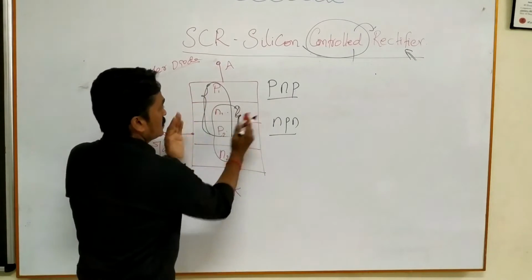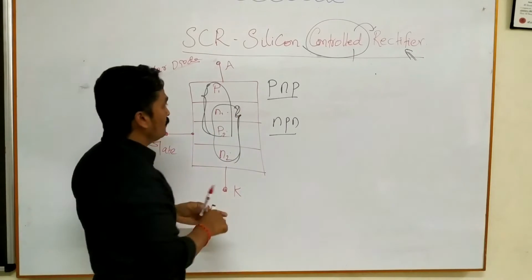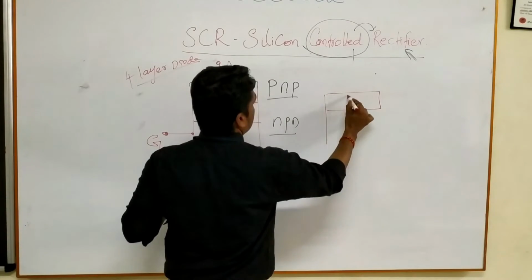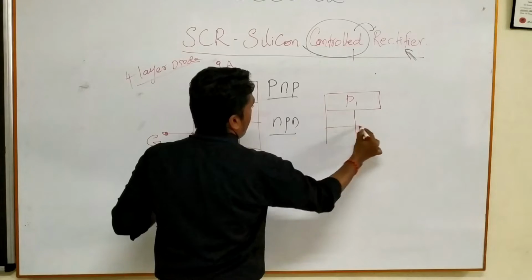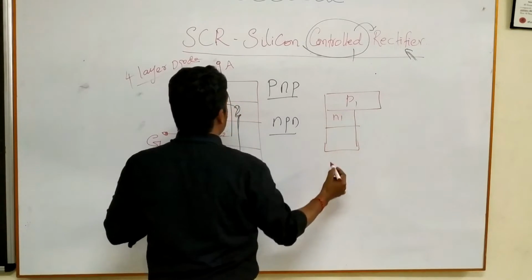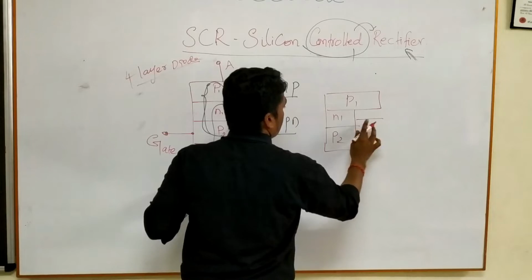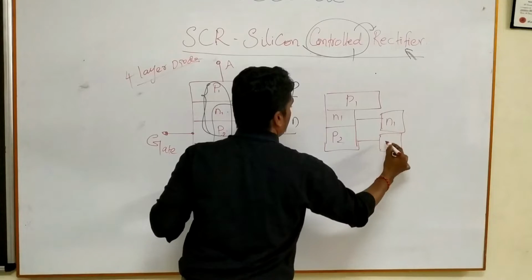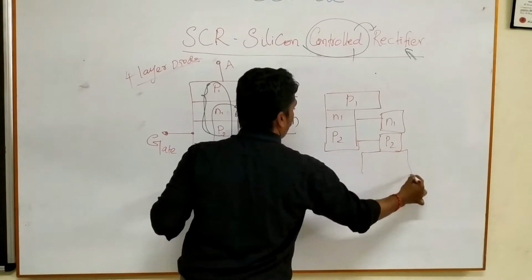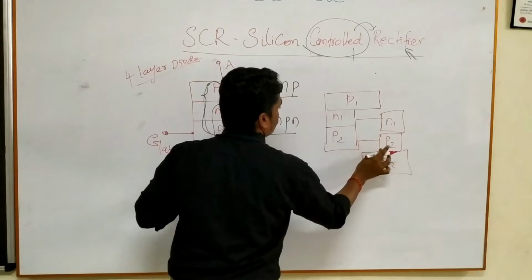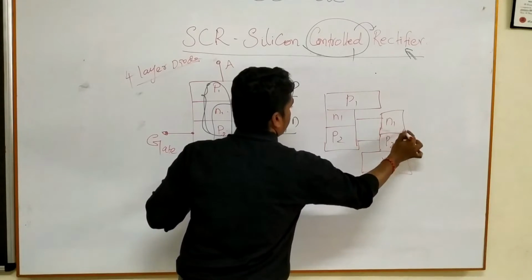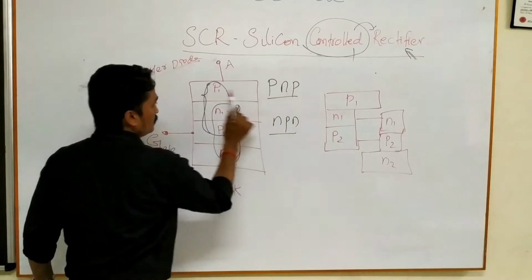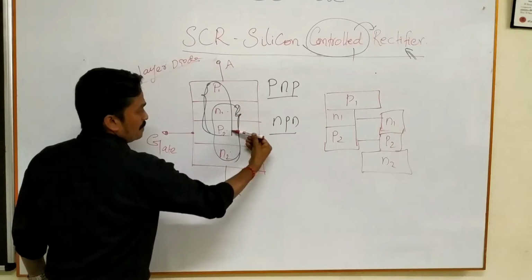If you divide this construction into two halves, one is the PNP half and the other is the NPN half. This is P1, and you may have a structure like this, N1 and P2, and these are internally connected with N1, again P2, and we have N2. So we divided one half as P1, N1, P2, and the second half as N1, P2, N2.